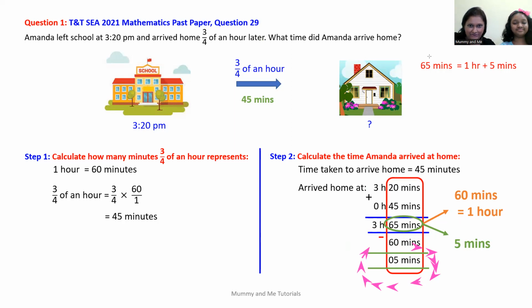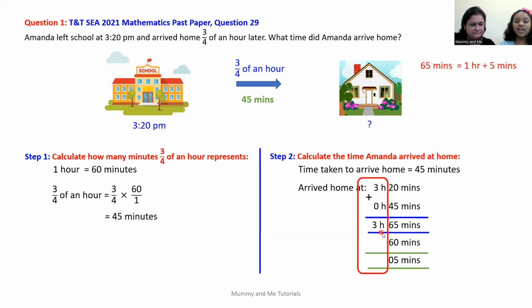So we remove this hour here and we want to add it back. So then 3 hours plus 1 hour, the 1 hour that we removed, and you will get 4 hours. So Amanda arrived at home at 4 hours and 5 minutes.